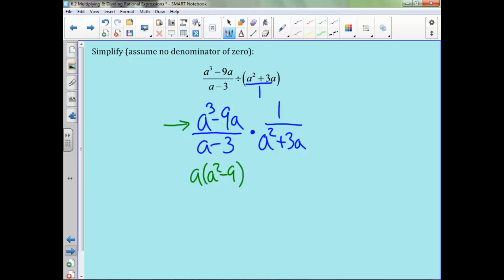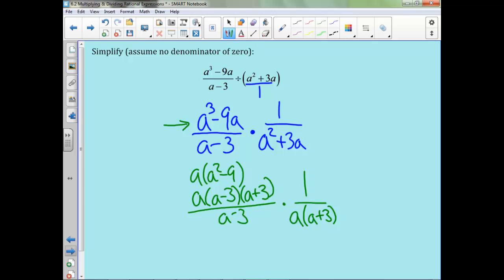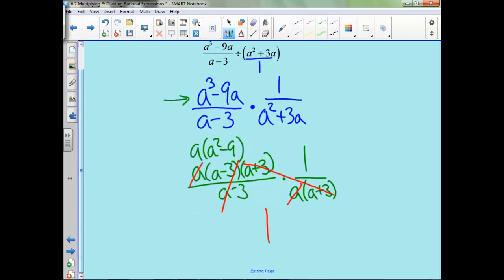But notice that's still a difference of squares, so we can change this to a times a minus 3 times a plus 3 over a minus 3 times 1 over, we can factor out an a, so a plus 3. And now, these a minus 3's will cancel, those a plus 3's will cancel, and these a's will cancel, so we're left with 1, because anything divided by itself is 1.